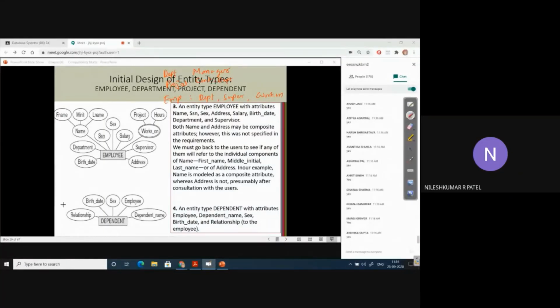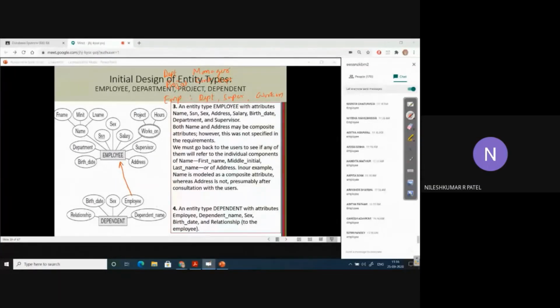In this particular entity type, just try and find. Yes, employee, right? There is only one attribute that exhibits a relationship with another entity type, that is the employee attribute. And by this employee attribute, it shows that dependent has a relationship with the employee entity type.